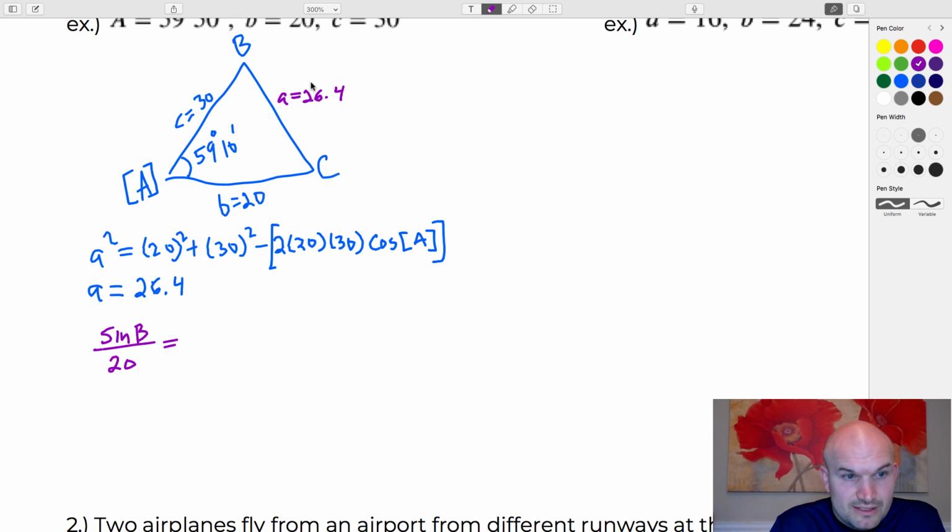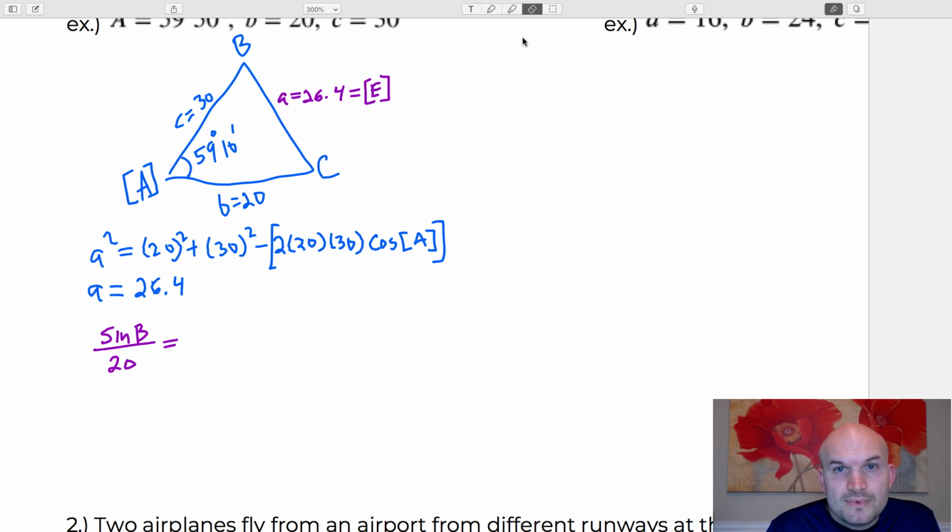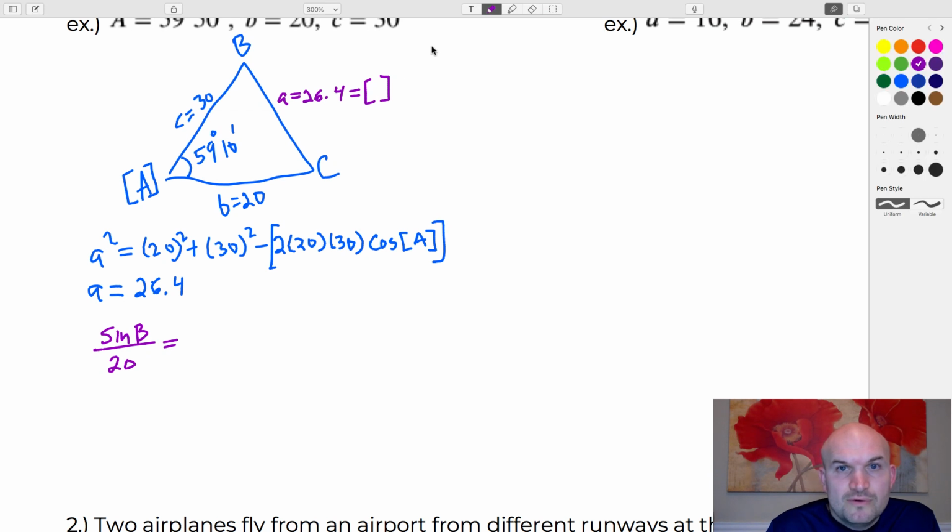So this can get a little confusing here. Actually, let's store this as D, because I don't want to get this confused with the A, B, and C of the angles.